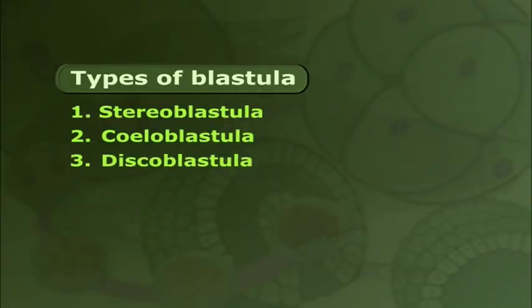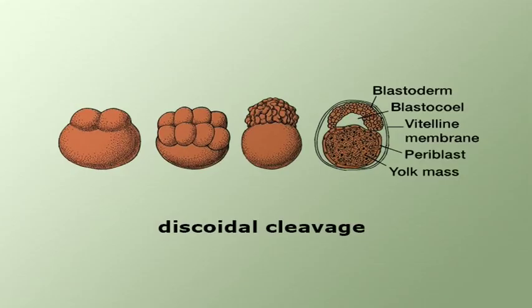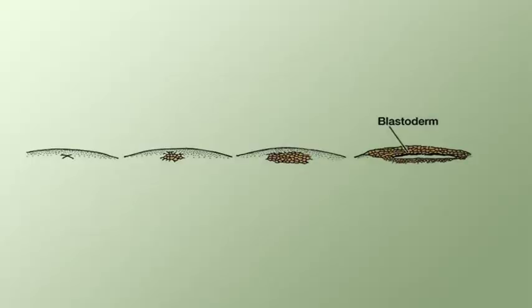Third, discoblastula. It is formed as a result of discoidal cleavage. The blastocoel is small and it is called the subgerminal space. It is situated below the blastoderm. Cleavage produces a disc of many layers of cells over the top of the yolk. A fluid-filled space called subgerminal cavity appears between the disc and the yolk.